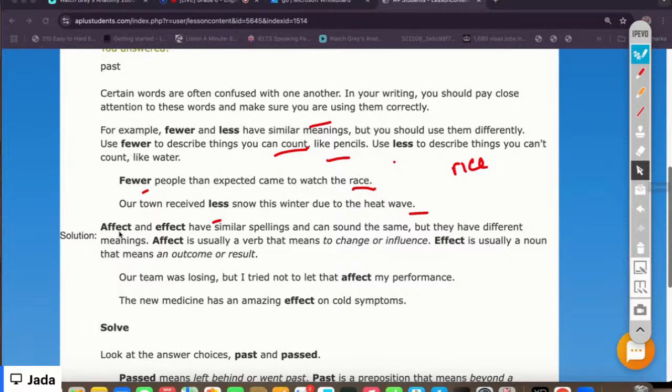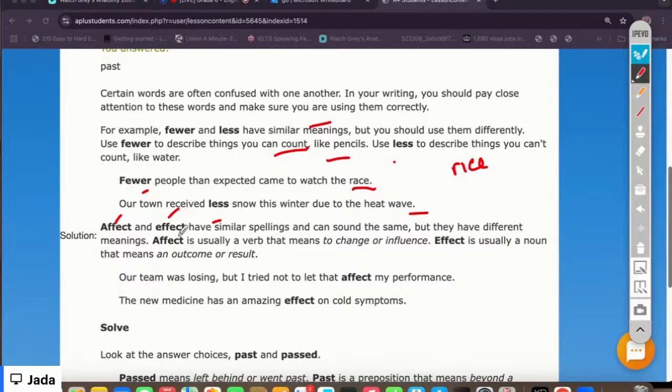So we have affect and effect. They have similar spellings and sound the same. So affect, effect, it's almost the same sound, and a lot of people can confuse affect or effect, right?